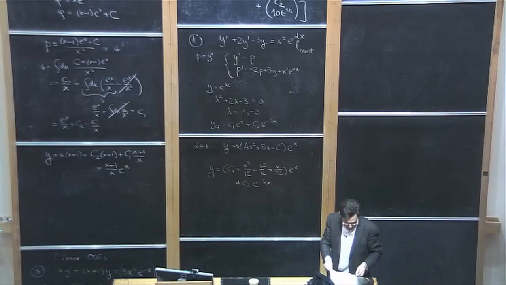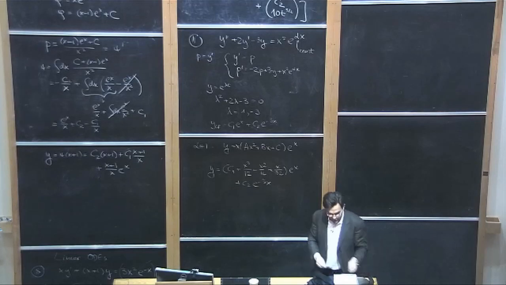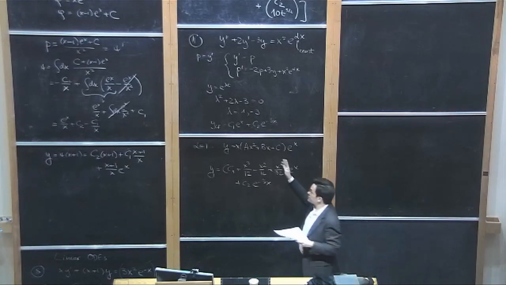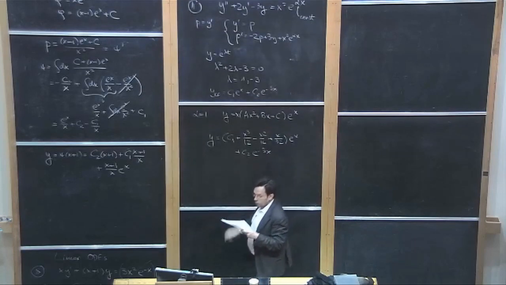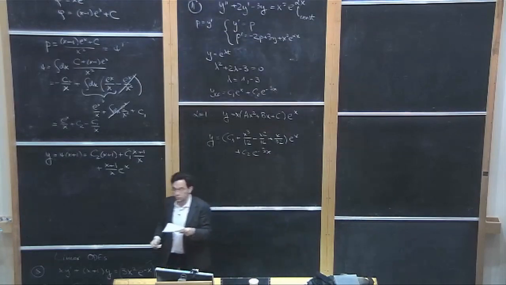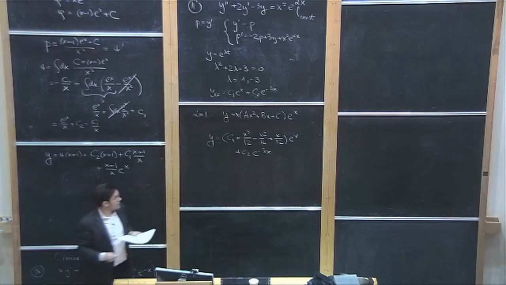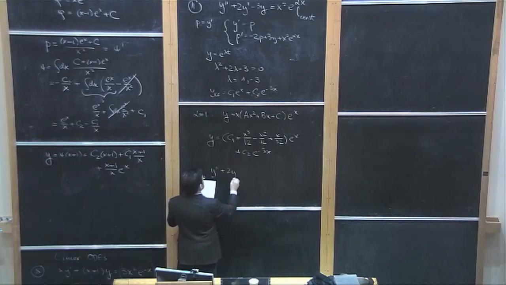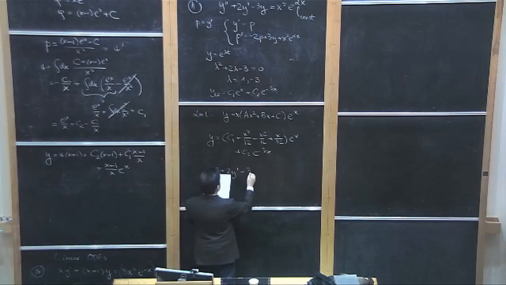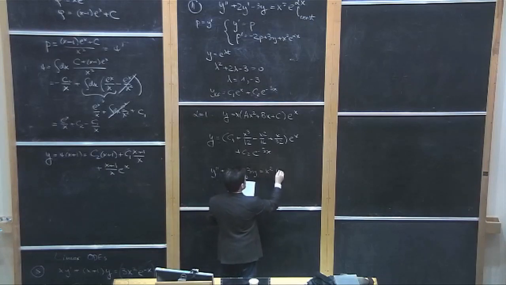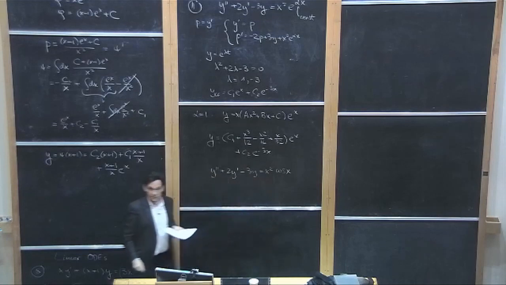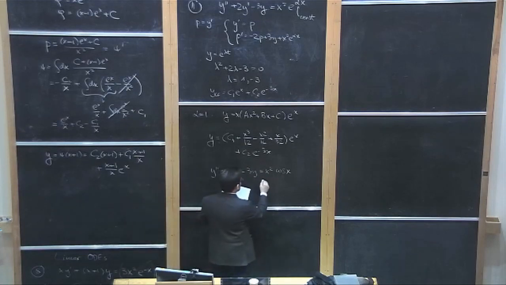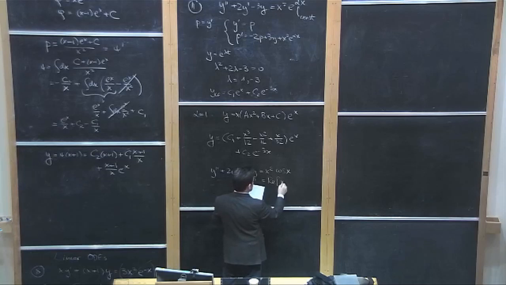Final points I wanted to make about this are these. The same principle applies when you have equations with trigonometric functions. So when you have, for example, y double prime plus 2y prime minus 3y equals x squared cosine x, the name of the game is to realize that this is simply the real part of x squared e^(ix), which brings the whole thing into the same form.